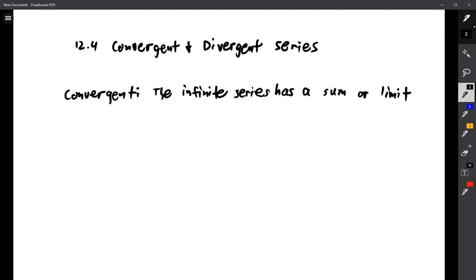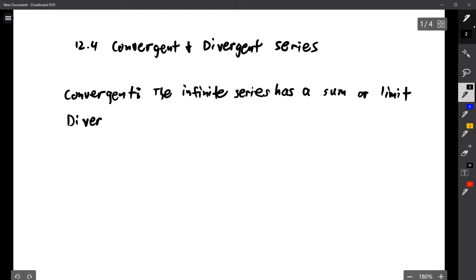So you might recall in the last lesson we looked at what if you took half of a square plus a quarter of a square plus an eighth of a square plus a 16th of a square, et cetera, continuing on to infinity, and it would add up to a finite amount of 1. That's what we mean by convergent, that it does have a sum or a finite limit. And the opposite is what divergent is.